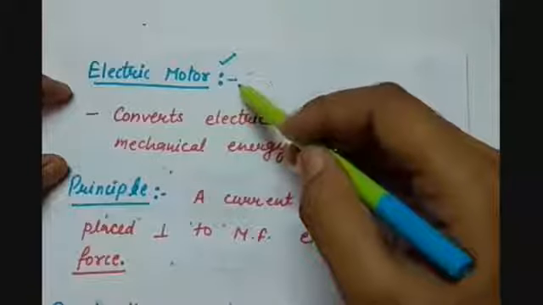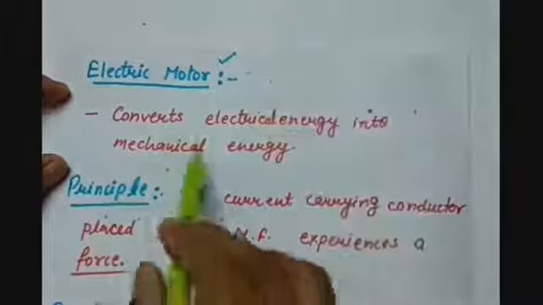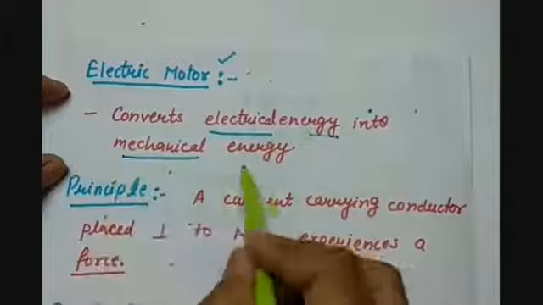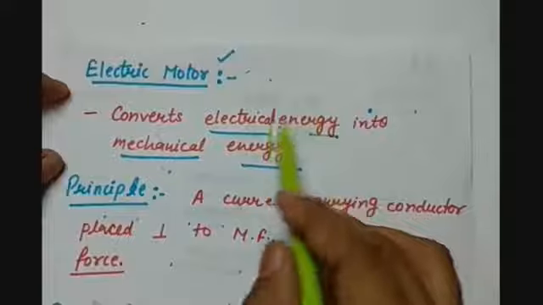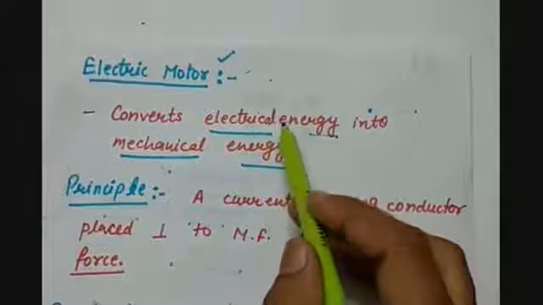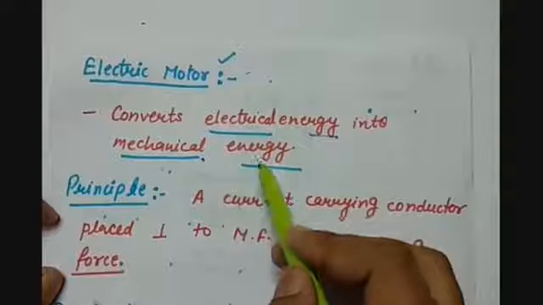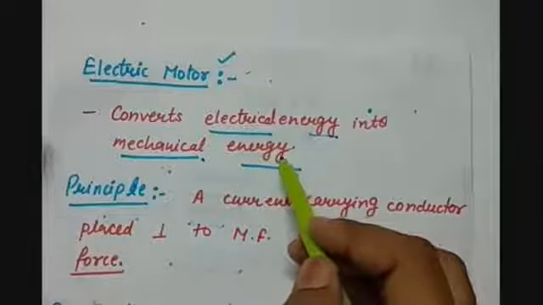An electric motor is a device which converts electrical energy into mechanical energy. Because here we are providing the current, and because of the current, motion is produced, which is mechanical energy, by which we do some work.